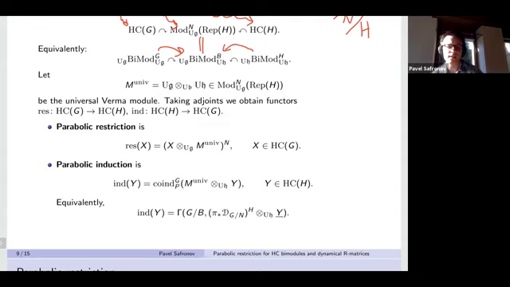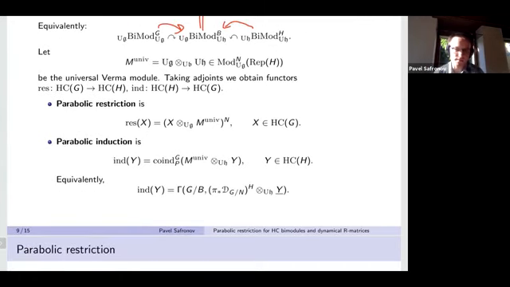Maybe a little bit more explicitly, you can write this as sections on the flag variety of some module. So this module is the following. You can take differential operators on the base affine space, which are monodromic for the Cartan H, and then you push them forward to G mod B, to the flag variety. You still have the monodromic parameter, so this gives you a UH action on this algebra.